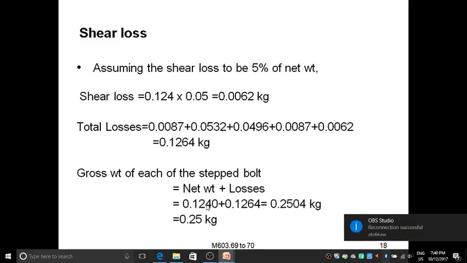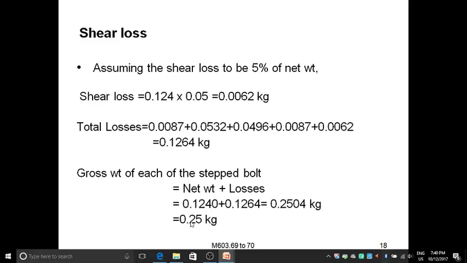Now 0.124 is the net weight, then 0.126, you sum up all these values, and the gross weight of each bolt or the object that we considered is 0.125 kgs.